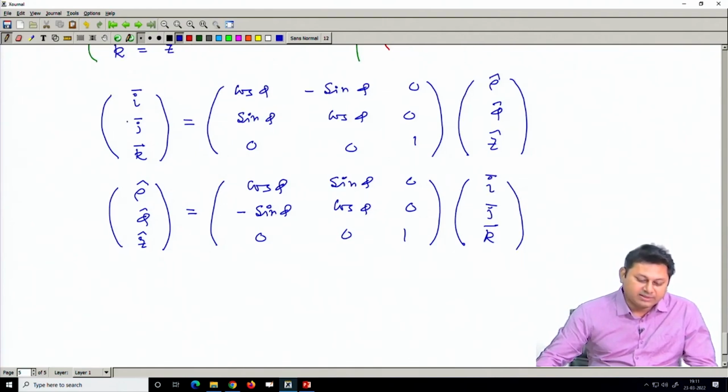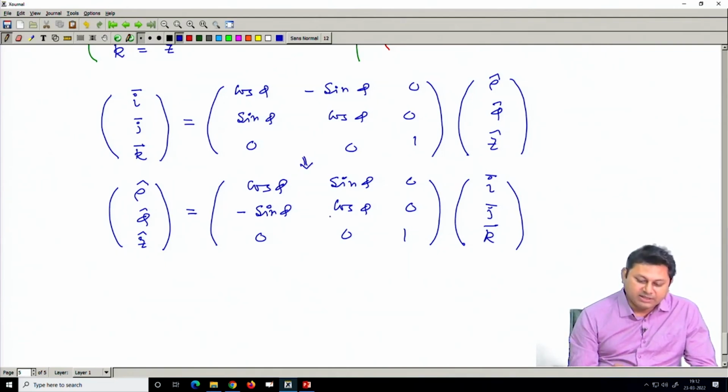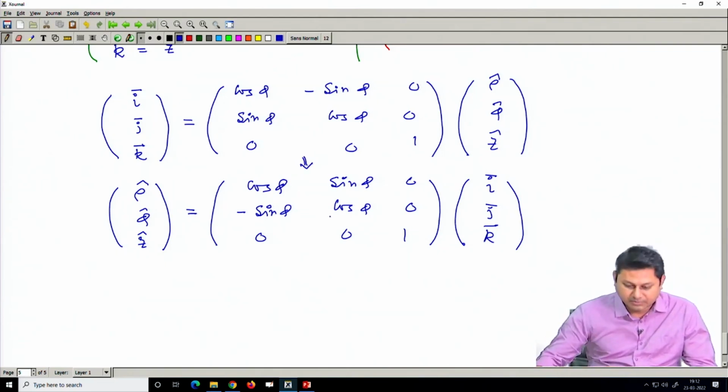So, if I know that this is ijk and this is rho phi z and they are related with the matrix M, then if I find the inverse of this matrix M, rho phi z can be written in terms of ijk with this inverse matrix. But here we can see that these things are simply the transpose of that. That means the inverse and transpose are the same matrix.